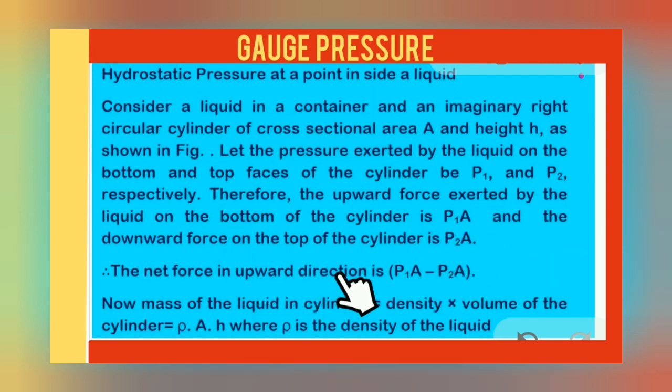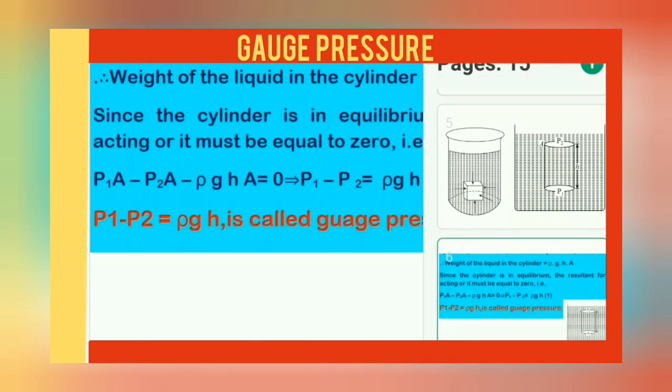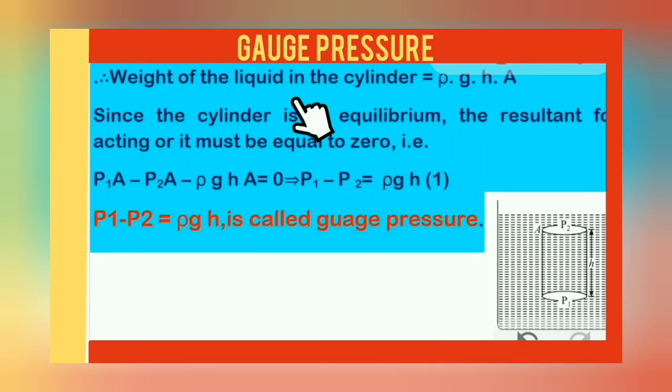So the net force in the upward direction is P1 A minus P2 A. Then the mass of the cylinder is density into volume of the cylinder. Rho is the density of the liquid. So the weight of the liquid in the cylinder is equal to rho g h into A. Since the cylinder is in equilibrium, the resultant force acting on it must be equal to 0.